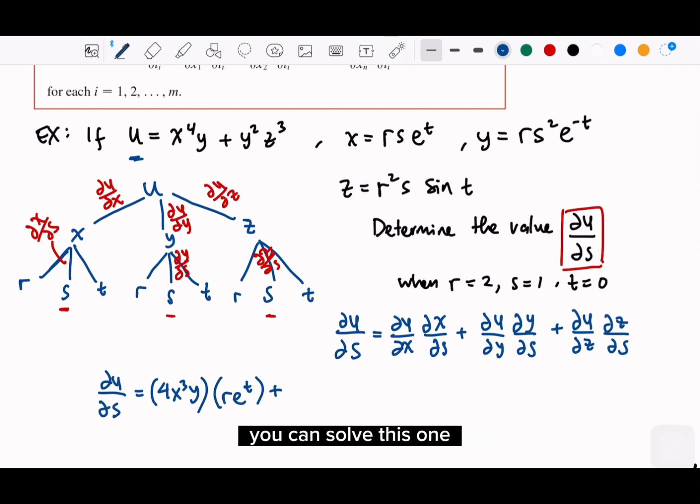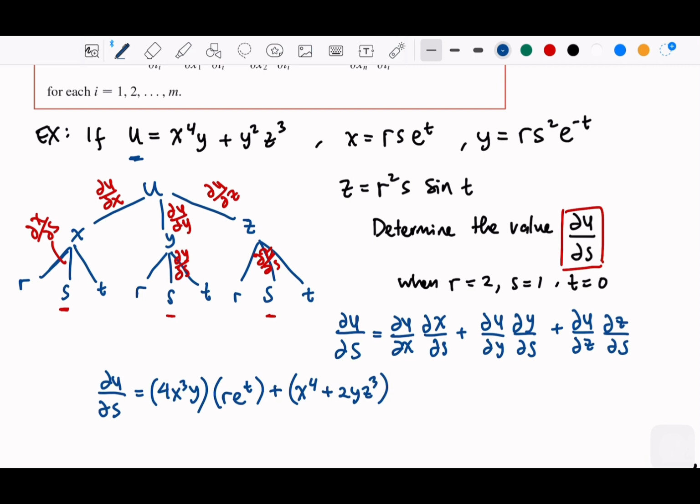You can solve this one. So ∂u/∂y is x to the power of 4 plus 2yz cubed. And then what else? The ∂u/∂z... the y double s is 2rs e to the power of negative t.